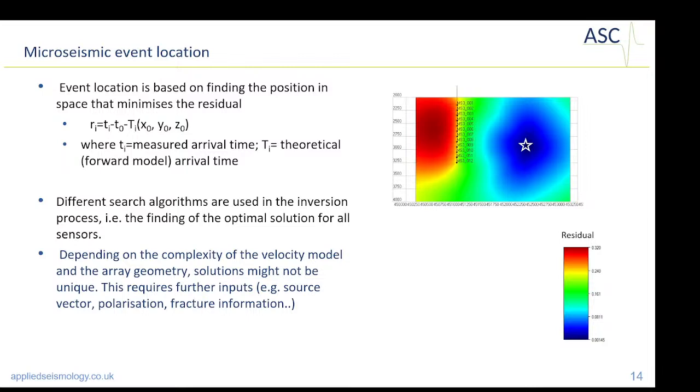And by this we mean the difference between the model arrival times and source vectors, the model ones, and the observed input that we have. The different algorithms work differently in the way that they optimize this minimum, where they find this minimum difference. Whenever they find this best match between the model and observed input, then that would be the solution or location of our event.